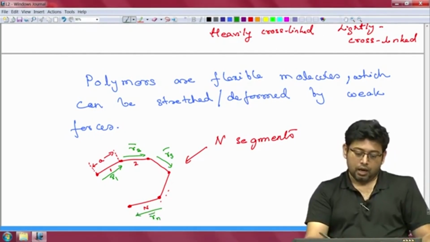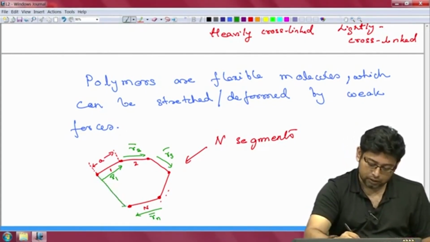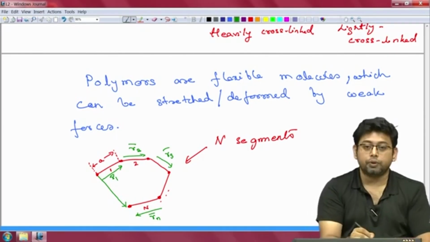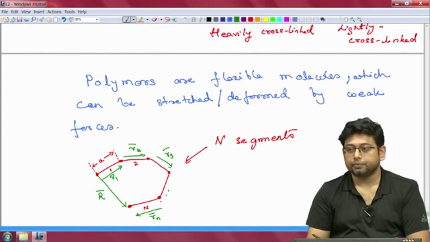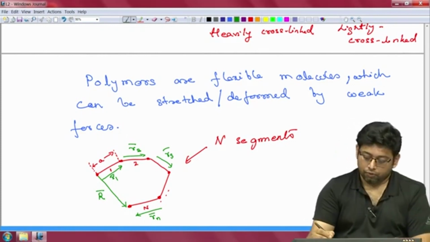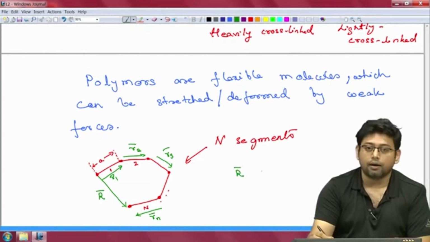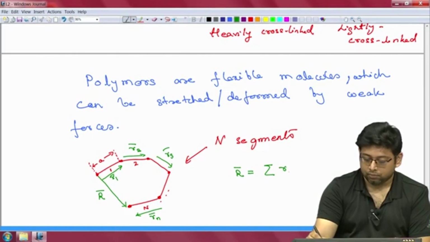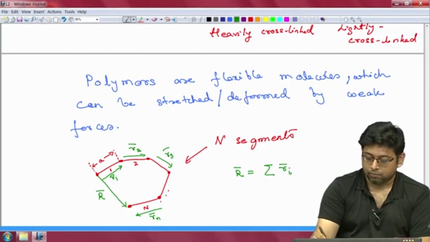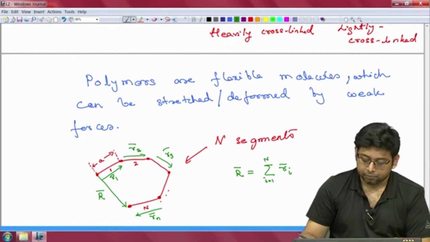And then this final closure: this was the beginning position, this is the last. So, the distance between the two we will indicate by capital R vector. From vector algebra you can say that this vector R is a sum of all these small vectors, where we are summing over n.